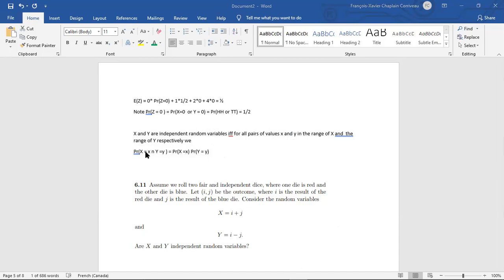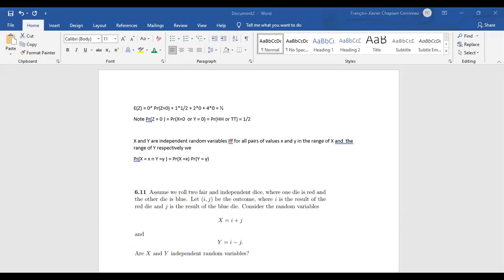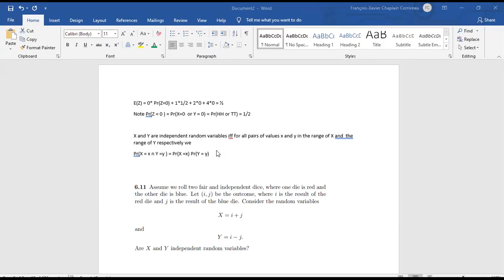Can you guys give me two different values of x and y that will make this equality not true? Two very easy ones. Actually, you have plenty of choices. Zero and zero is a valid choice. If I take 0 and 0, then this probability is 0.